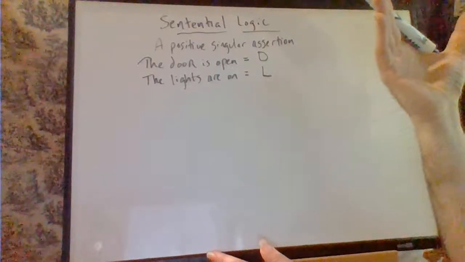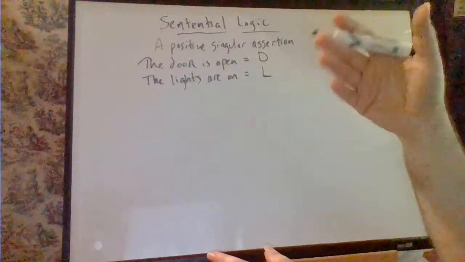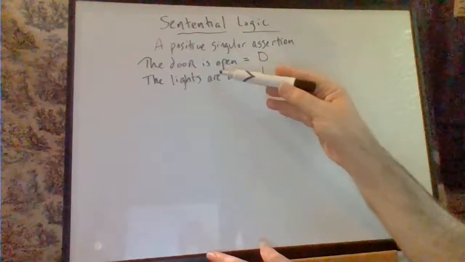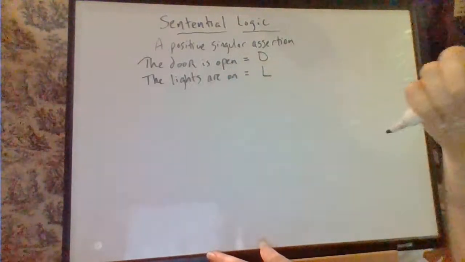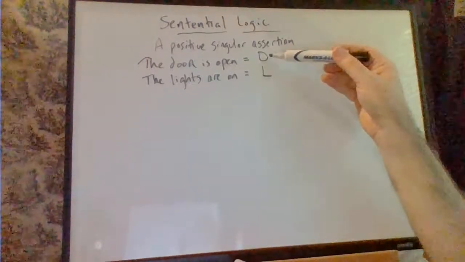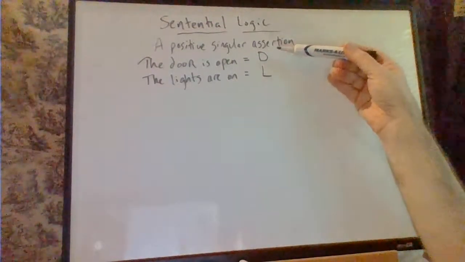It's purely arbitrary. You can use A's, B's, and C's, X, Y, Z, whatever you wanted to use, as long as we know what that letter stands for. The only other exception is that each sentence has to have its own unique sentence letter. You can't have D standing for two things.